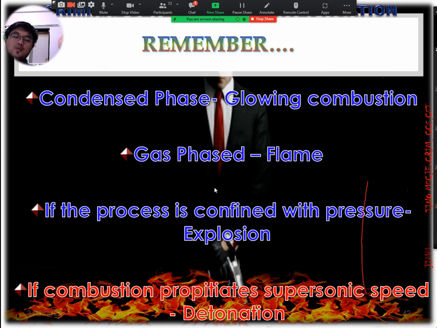Okay, explosion will occur. Okay, pag pagsunog mo ng isang bagay ay may kasamang mabilis or fast or supersonic speed, it is called detonation. So these are the terms that you should remember in our first part of the review. Okay?